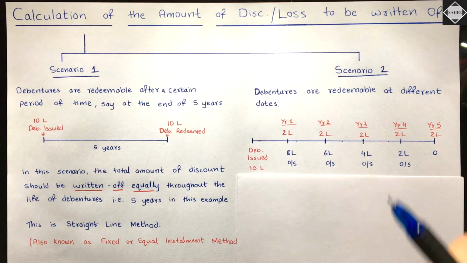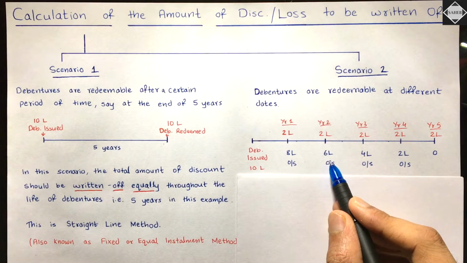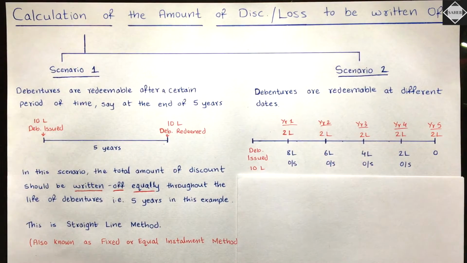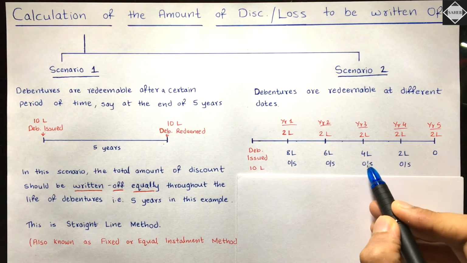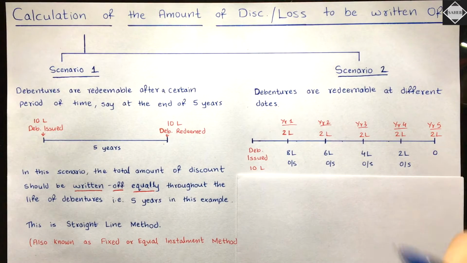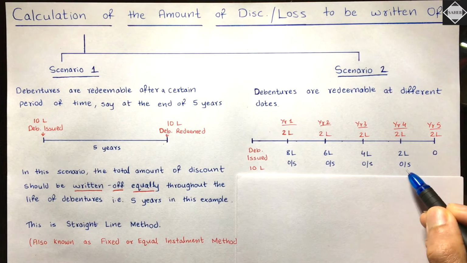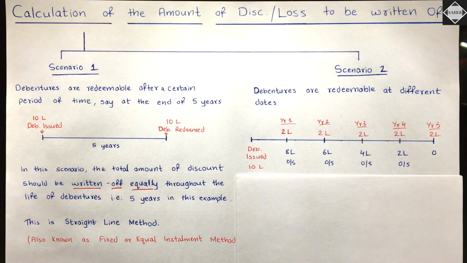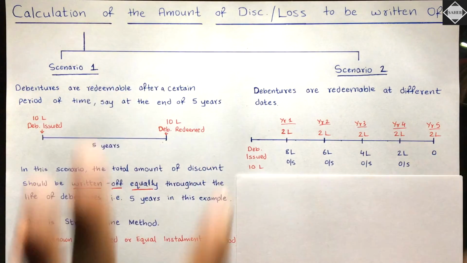In the third year, the benefit was only of 6 lakh, isn't it? Because 2 lakh we have repaid. So in the third year, we have 6 lakh debentures. In the fourth year, we had only 4 lakh face value of debentures. And then in the fifth year, we had only 2 lakh face value of debentures. We have taken only 2 lakh face value of debentures benefit. Is that clear?